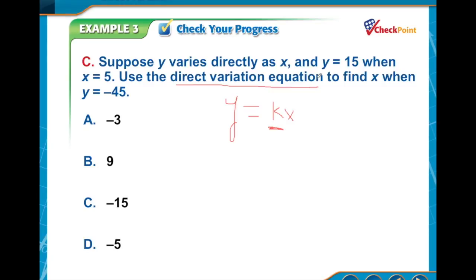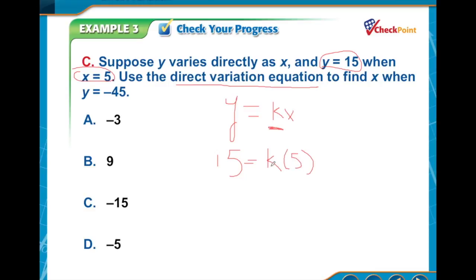So they tell us write the equation when y is 15 and x is 5. So we're given those two things. So in other words, we need to plug those into this equation and solve for the missing k. So when x is 5, y is 15. So we'll get 15 equals some number times x we said is 5.